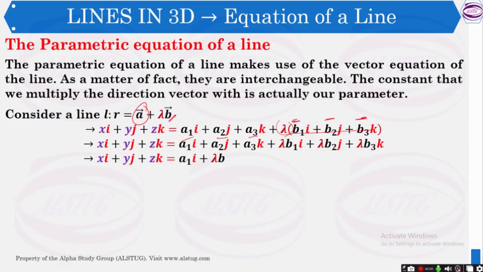Now, the next thing we do, we bring all the terms in i together and all the terms in j together. So you notice A1i, lambda B1i. So this has migrated. This has also migrated to meet j, and then this has migrated to meet k as well.